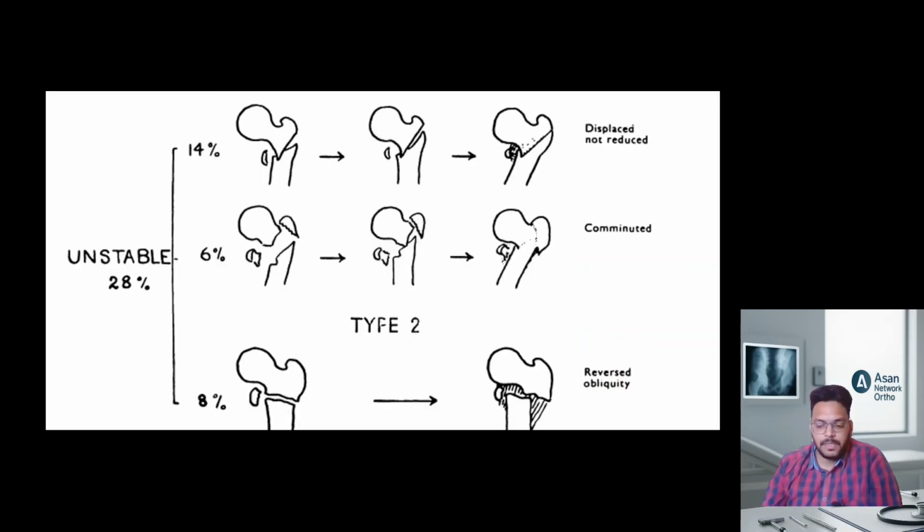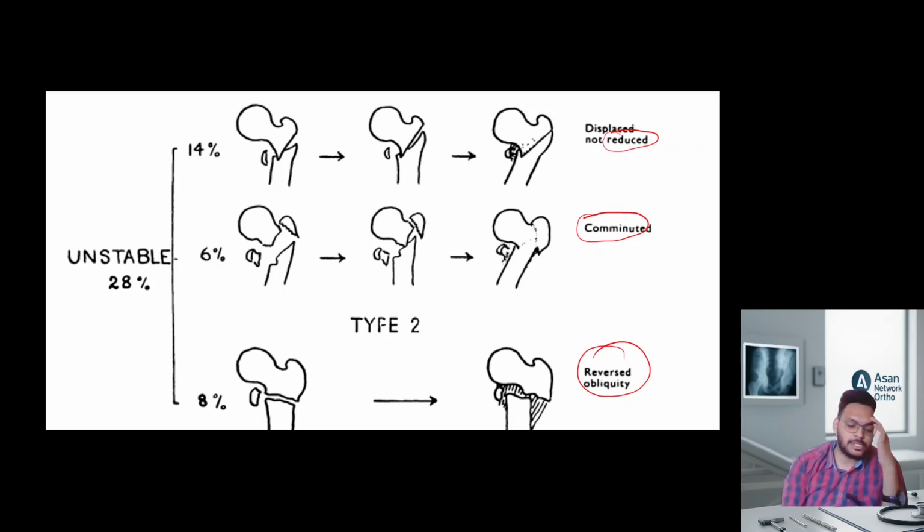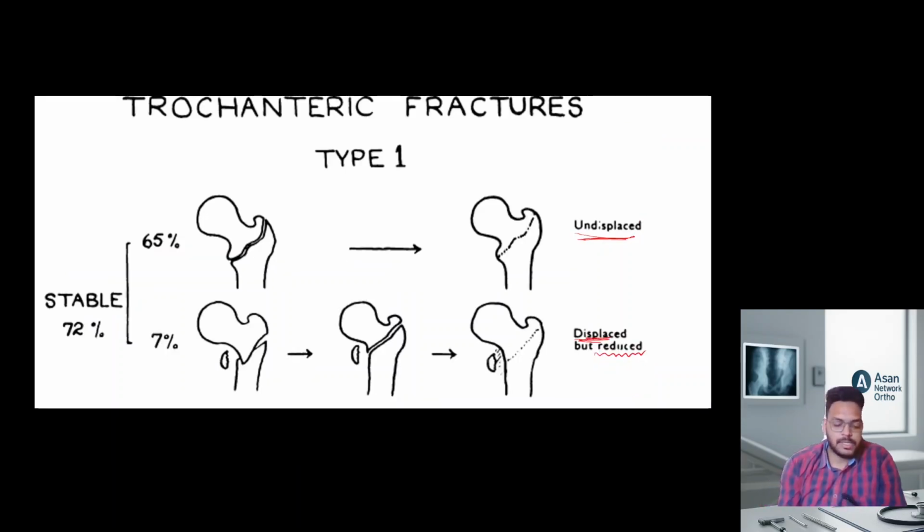If it is displaced but not reducible, or if it is a comminuted fracture, or if it is a reverse oblique fracture, these 3 types are unstable fractures, and these account for only 28% of the fractures. The 72% of the fractures that mostly occur are stable fractures. In that too, undisplaced fractures account for 65% of the intertrochanteric fractures.